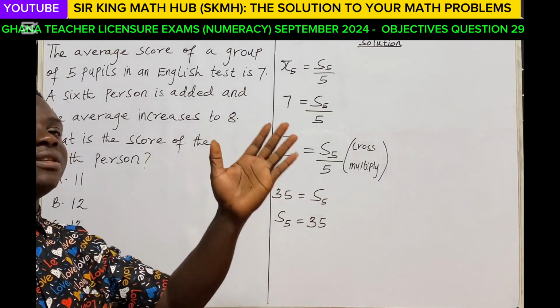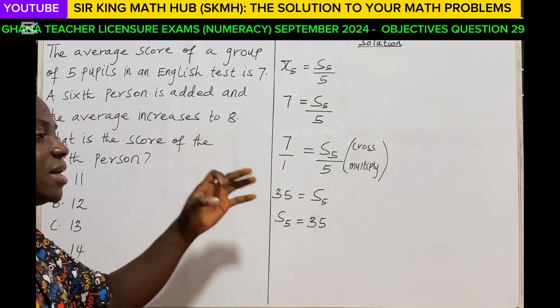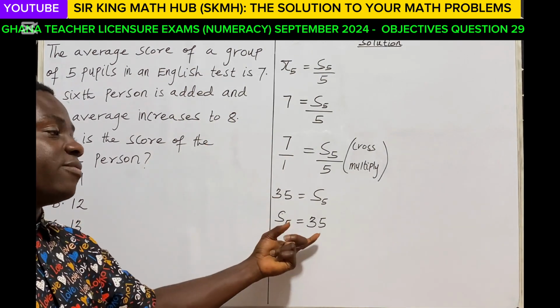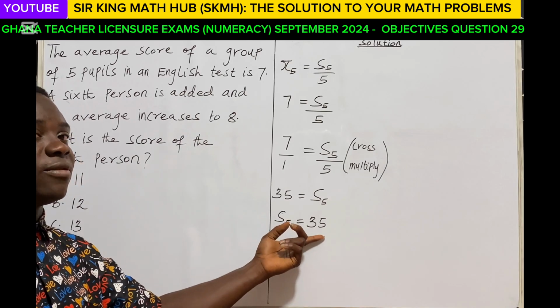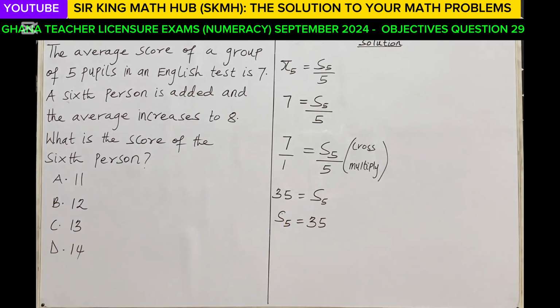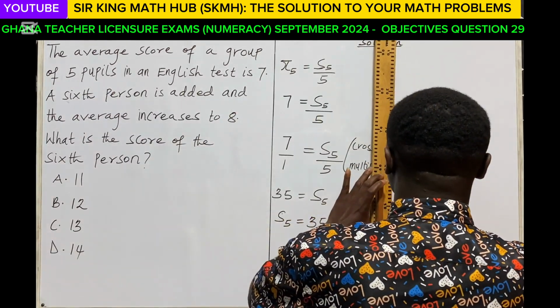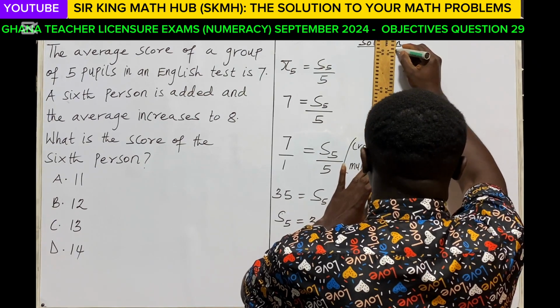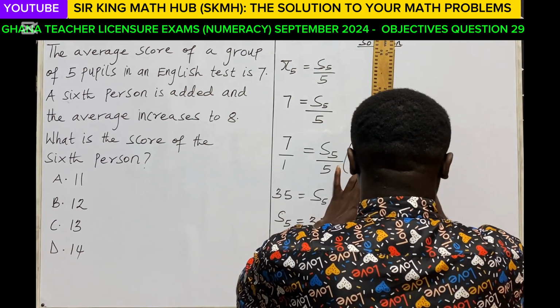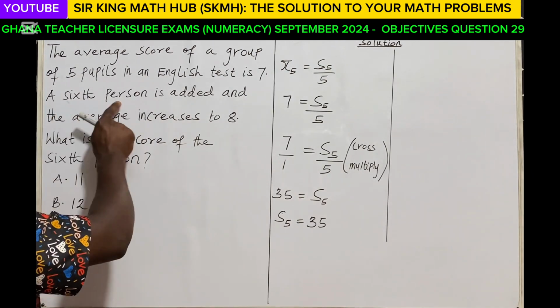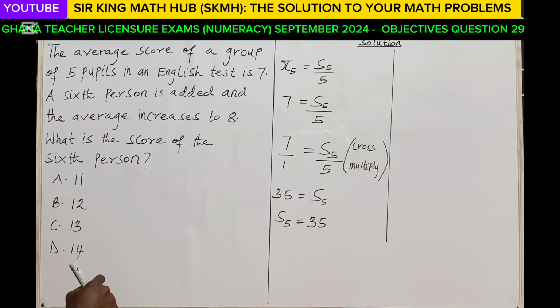So we have 5 different people. So when we sum up their individual scores, that is the individual scores of the 5 people, should give us a sum of 35. Now let's also look at the second scenario. So a 6th person is added and the average increases to 8.